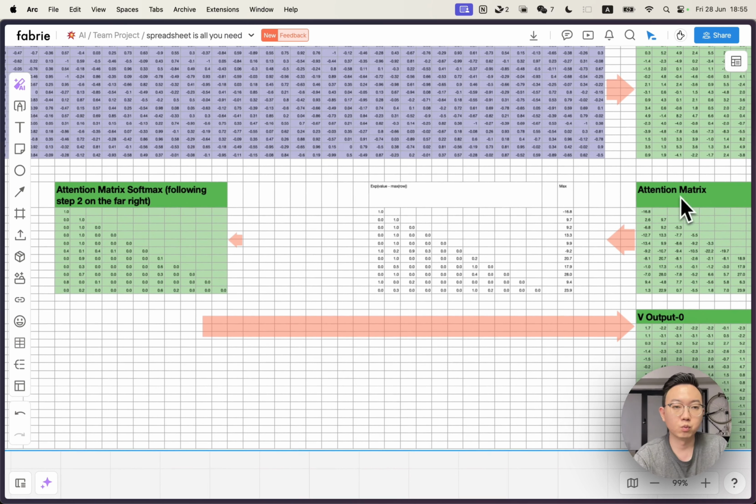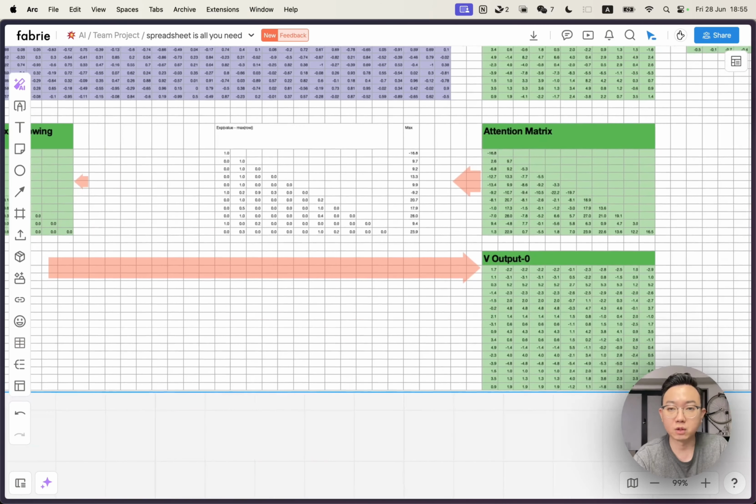As a result, we created this attention matrix, and the softmax process is more of a mathematical process. And as a result, you get this V output, which is the desired value from this particular section.